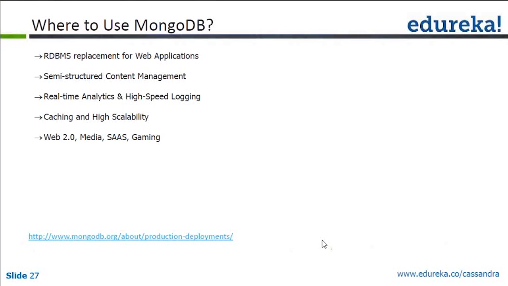And apart from the replica concept, it also supports high scalability. We have a concept called sharding, where the data will be split across the instances. I'll explain more on that. So that is how it supports high scalability as well. All right, and it is also a right fit for SaaS and gaming related applications.